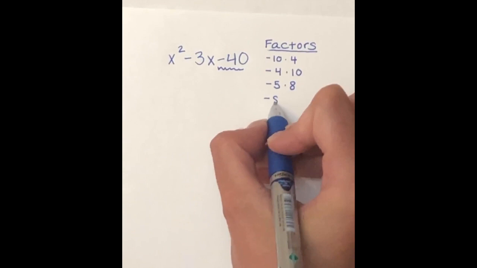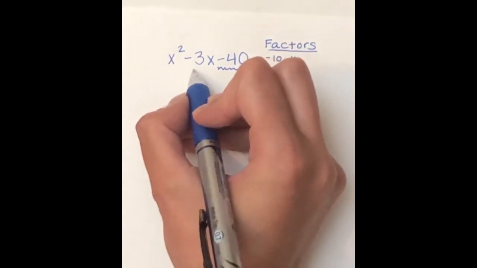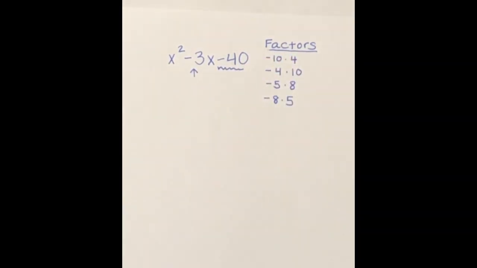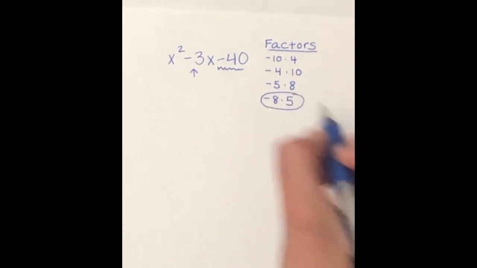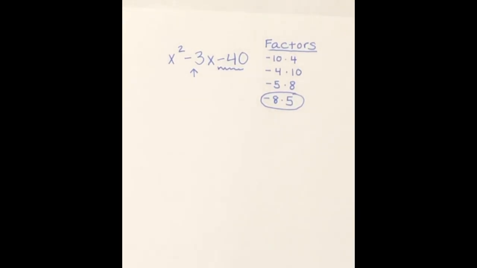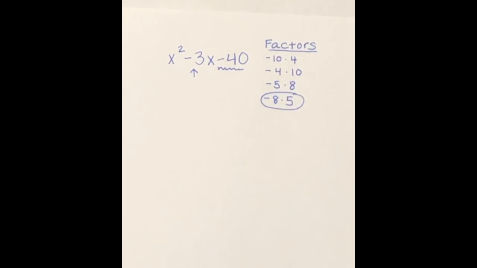And negative 8 times 5. I'm going to stop right here because just looking at this list, I think I can see which pair will add to get negative 3. Can you see it too? Yep. Negative 8 times 5, because negative 8 plus 5 is going to get me negative 3.